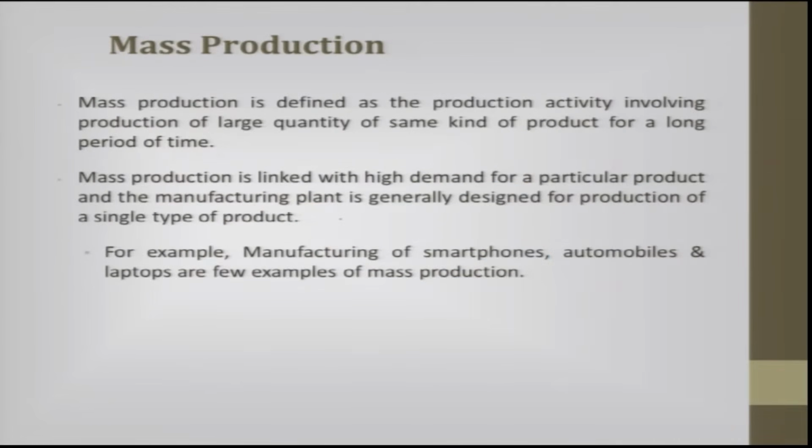Next is producing something in large quantities, mass production. If you decide that there is going to be a huge customer base for your product, then you will choose a technology more focused towards mass production. If you decide that you are going to produce a Rolex watch and each watch costs 1 lakh, you will not go for mass production.